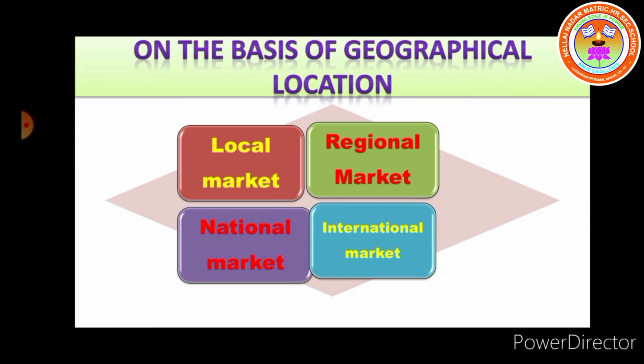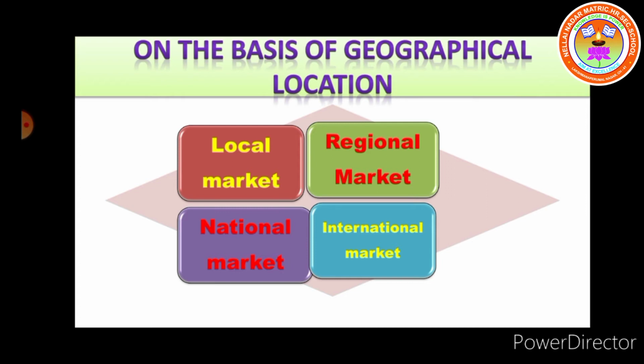First, local market arises when products or services are bought and sold in the places of their production. They usually sell perishable goods of daily use. Example, fruits and vegetables. Perishable means the goods spoil within a day. That is called perishable goods. Okay.